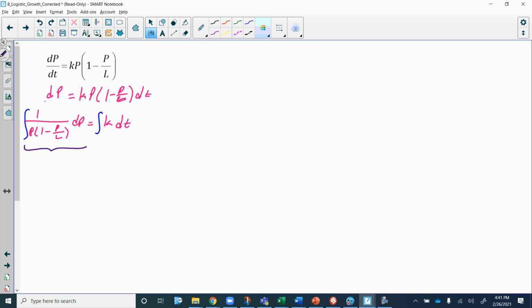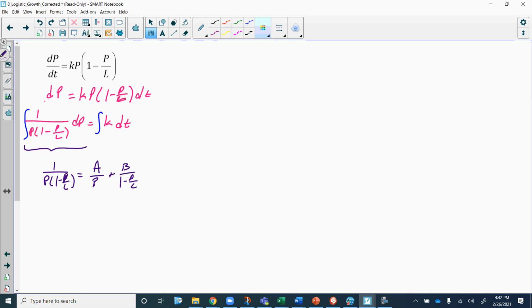Sorry, it's been a long day. So I'm looking at 1 over P times 1 minus P over L to be equal to A over P plus B over 1 minus P over L. If we try to simplify that expression with a common denominator, we're going to end up with, multiplying everything by P times 1 over P minus L.